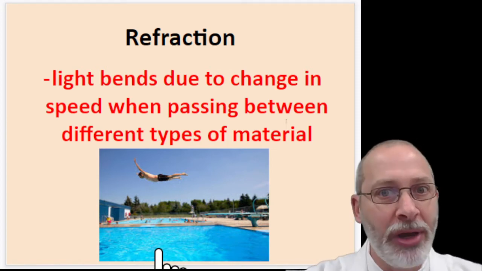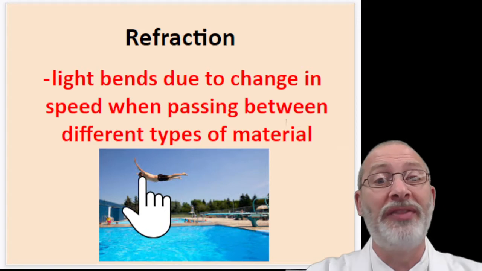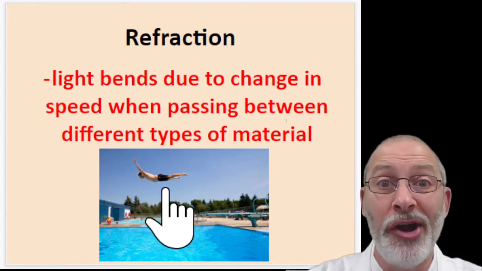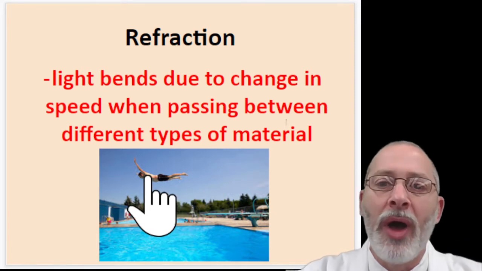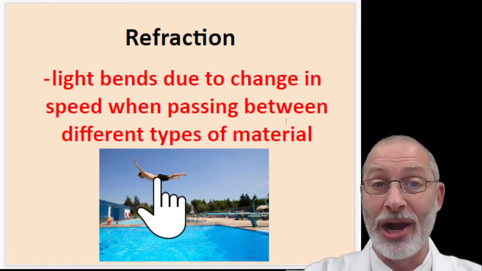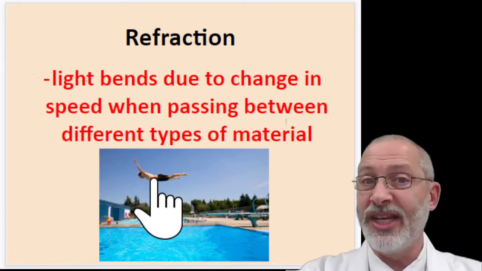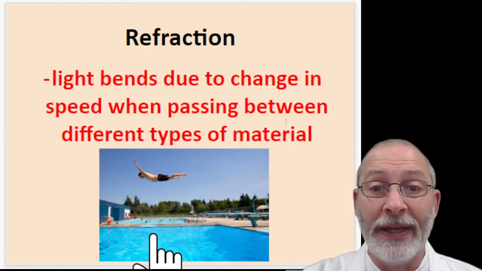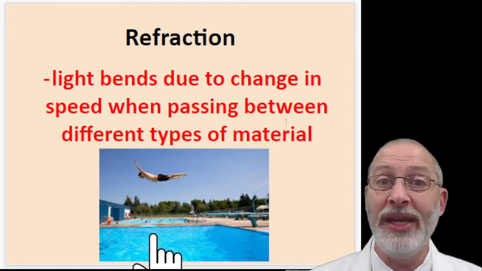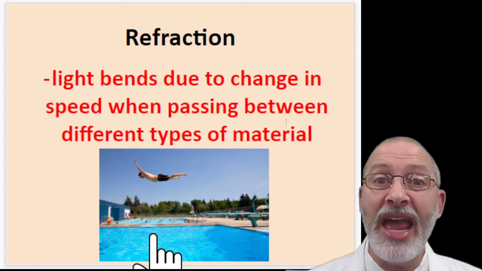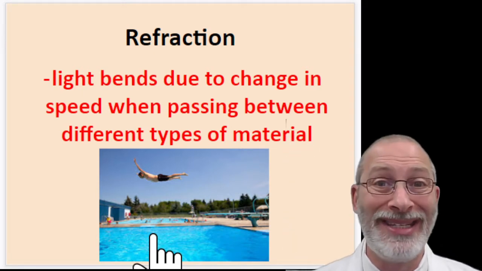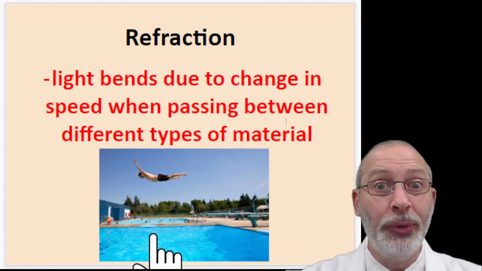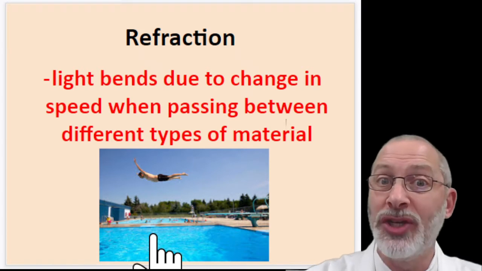And if you've experienced this before, you know that this dude's belly is going to turn red soon because it's going to hurt. But why? Well, through the air, the velocity or the speed at which this person is falling is at a certain rate. He's falling through the air, which has a certain density, and it enables him to fall through that air at a certain speed.